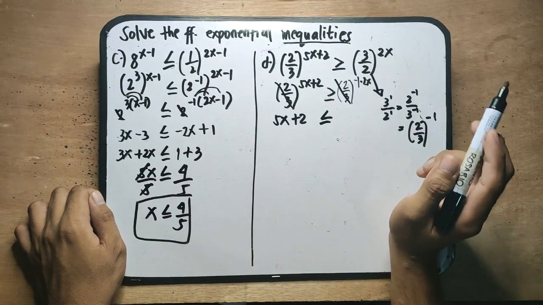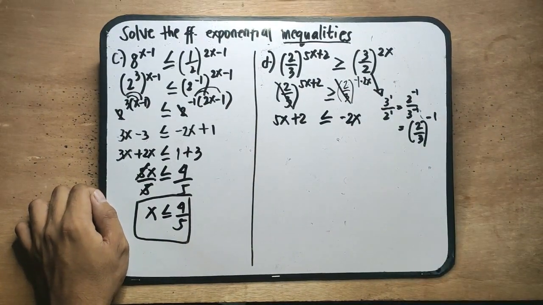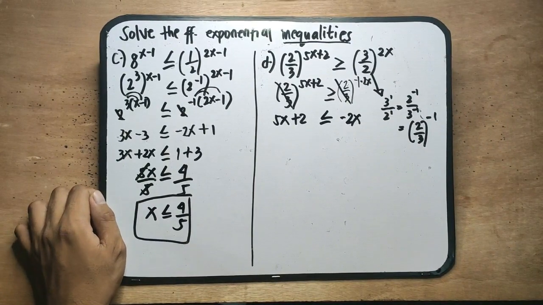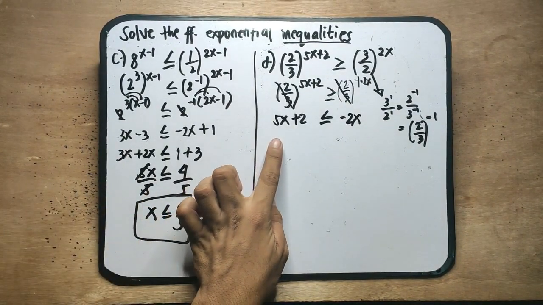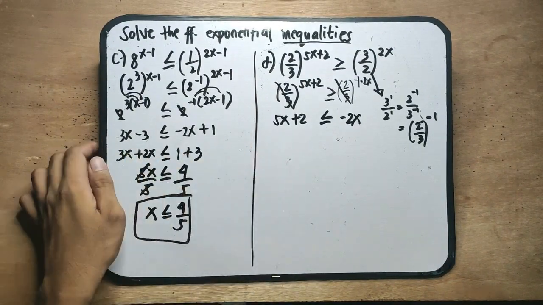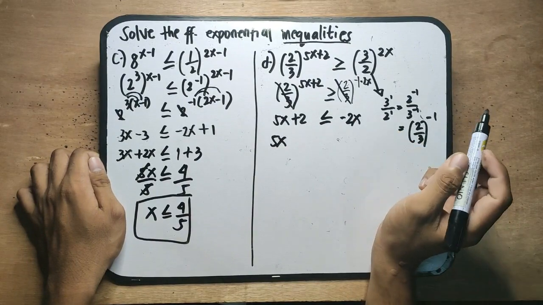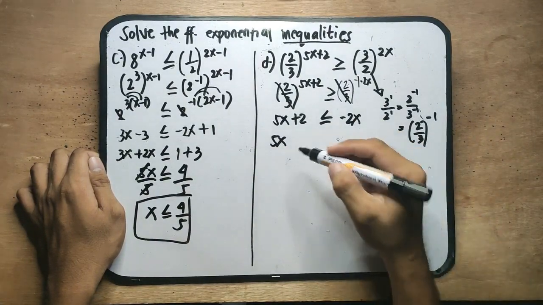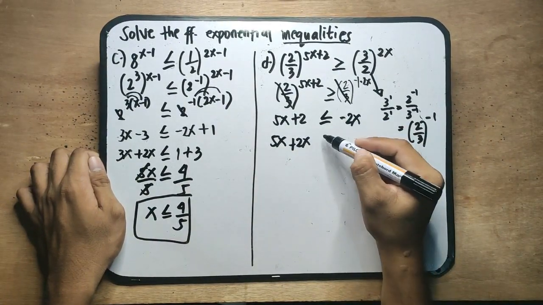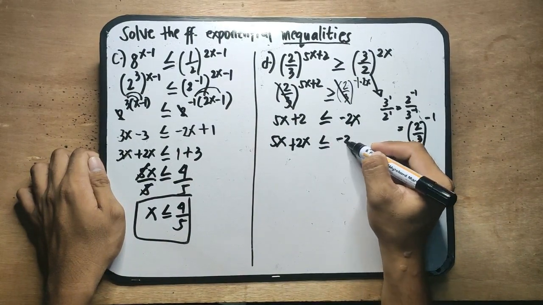Negative 1 times 2x is negative 2x. So since mas malaki na yung numerical coefficient ni x term dito sa left, we just bring it down and then we transpose negative 2x, it will become positive 2x, which is less than or equal to, from positive 2 it will become negative 2.